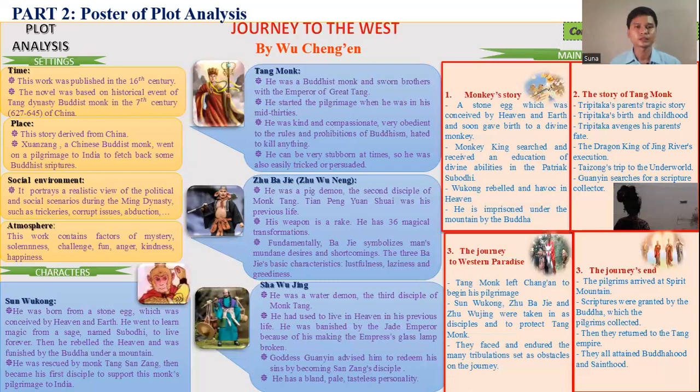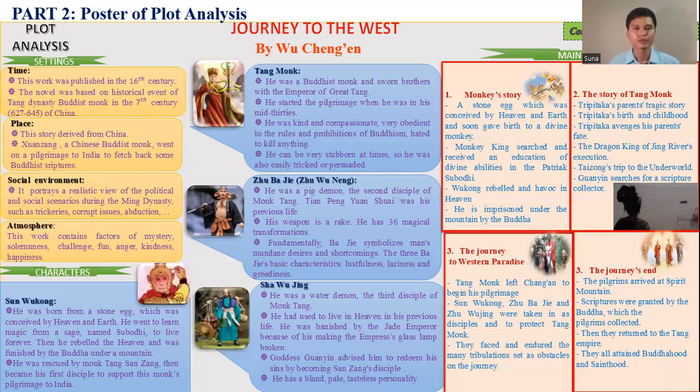And Tang monk was a Buddhist monk and sworn brother of the Emperor of Great Tang. He started his pilgrimage when he was in his mid-30s. He was kind and compassionate.